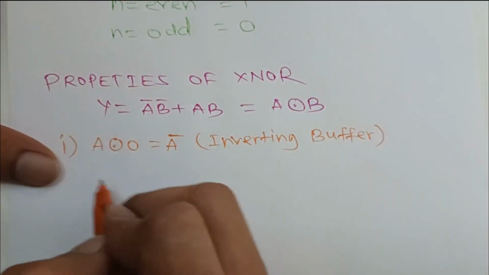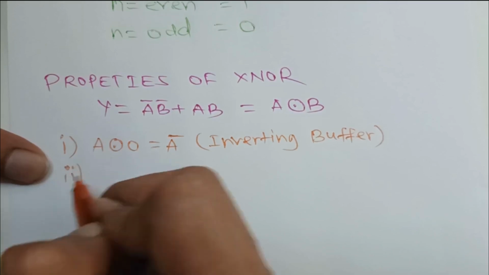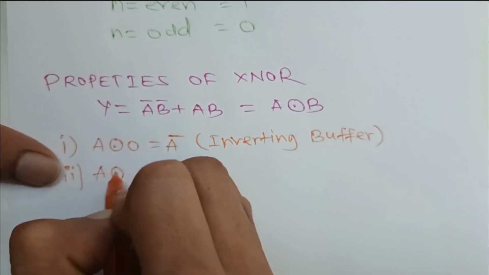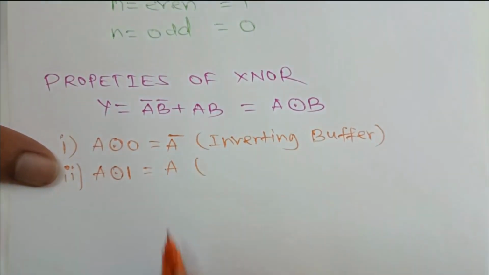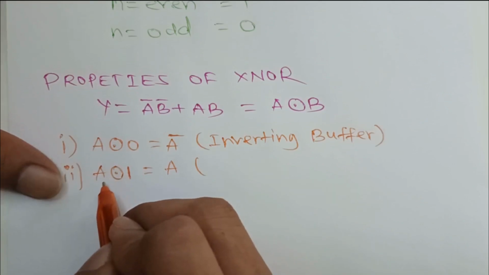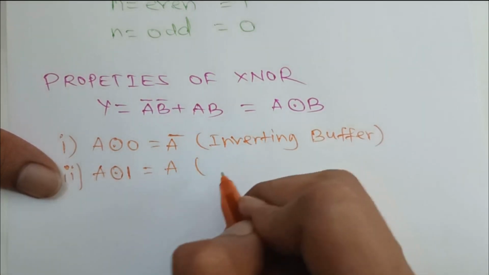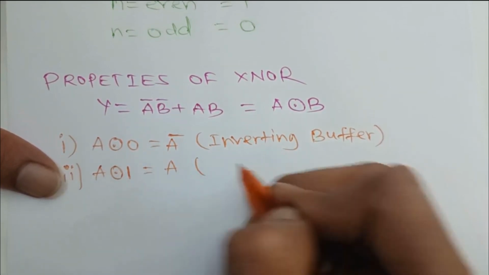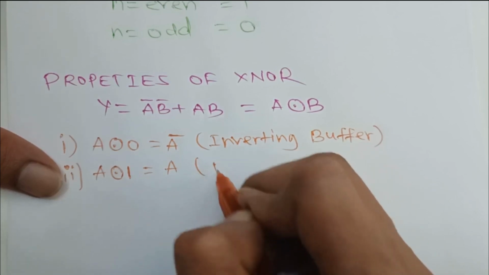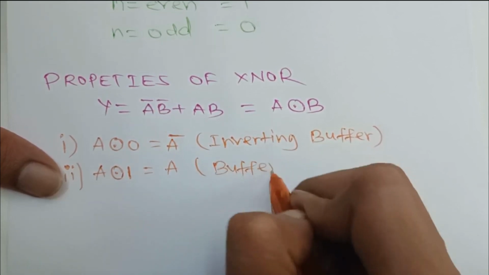The next property is A XNOR 1. It is going to produce A. It means if you take XNOR of any variable with 1, it is going to produce a buffer. That means the same variable is going to be the output.